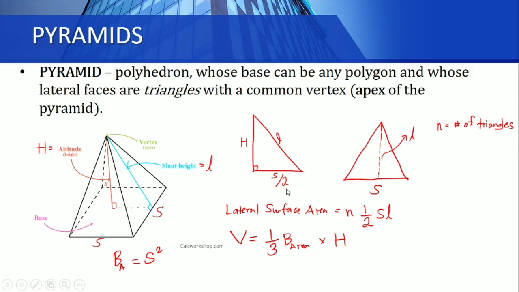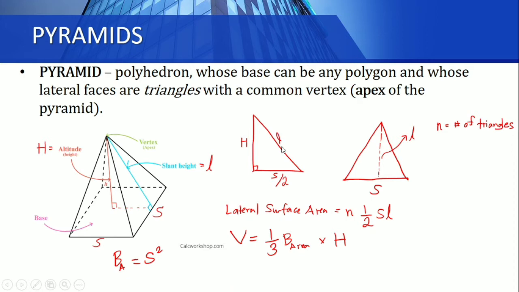So kapag kinuha naman natin yung triangle na mabubuo dun sa loob ng ating pyramid na perpendicular yung height mula dun sa base, so kapag nilabas natin yan, so magkakaroon tayo ng height na big letter H, and yung side natin, so S/2 to kasi yung gitna ng ating base, doon tatama yung ating altitude or yung height ng ating pyramid.